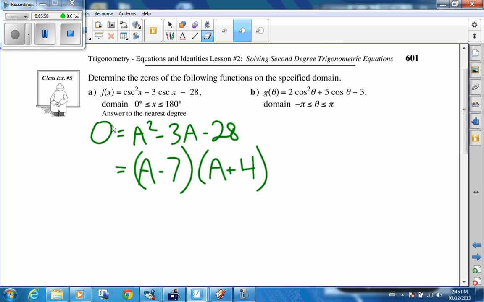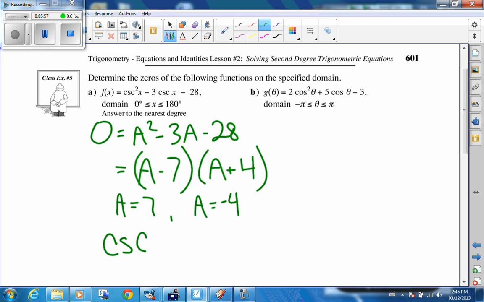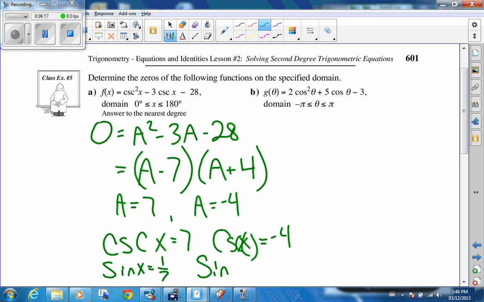So I can say a equals 7 or a equals negative 4, and I can then change that to cosecant x equals 7 and cosecant x equals negative 4, and therefore I can now say sine of x equals 1/7 and sine of x equals negative 1/4. And those are the things that I can get in my calculator. So at this point, we're pretty much done.